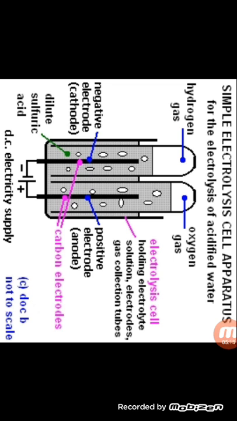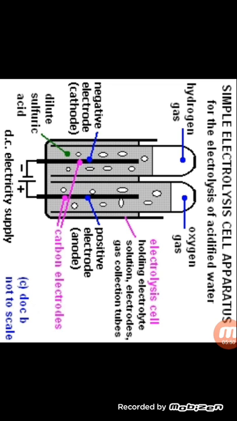The two terminals dipped in the solution that make the electric contact between the solution and the external circuit are called electrodes. The electrode that is connected to the positive terminal of the battery is called anode, that is the positive electrode, and the electrode that is connected to the negative terminal of the battery is called cathode, the negative electrode.